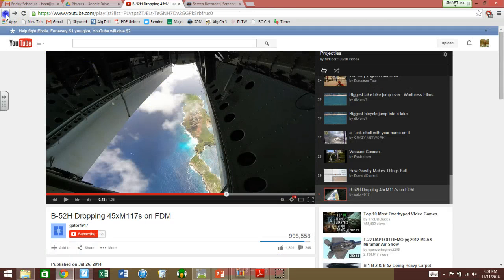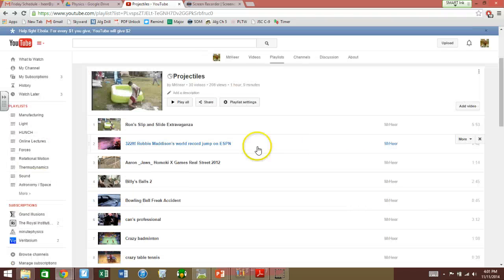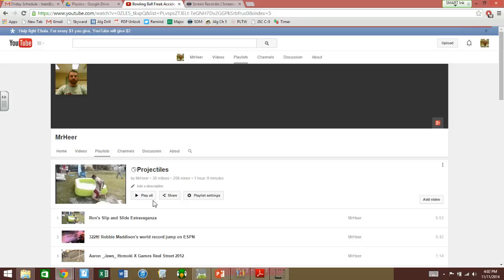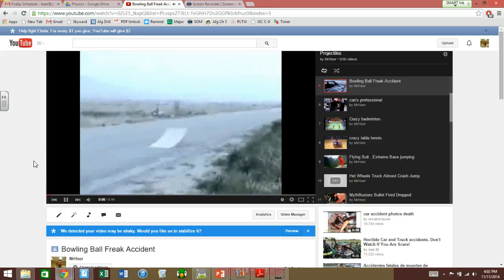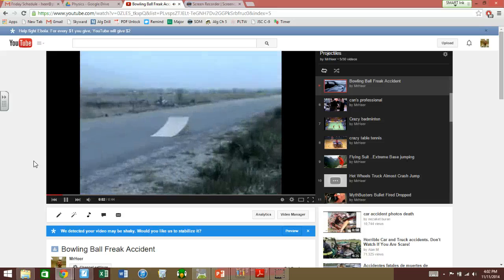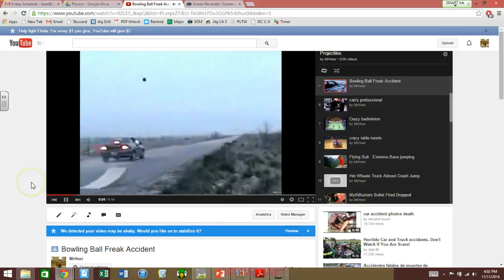The next one I want to show you, these couple kids, they thought they'd be funny. They were playing around with a bowling ball, and they go whizzing down the road, and they fire a bowling ball off a ramp next to their car. So here's the ramp. They're driving probably 35 miles an hour.